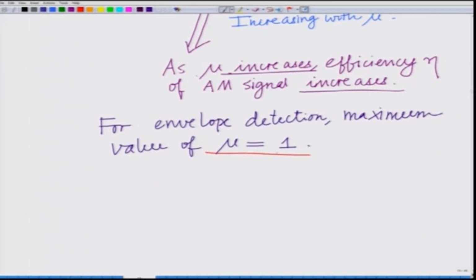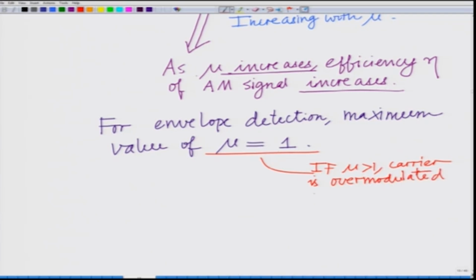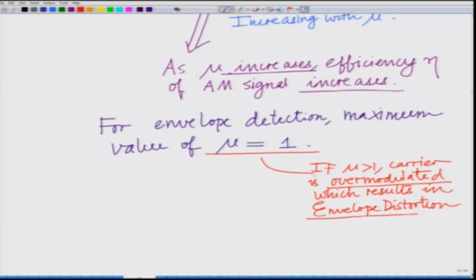Since if mu is greater than 1, the carrier is over modulated, which results in envelope distortion.